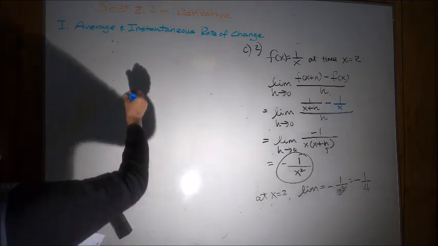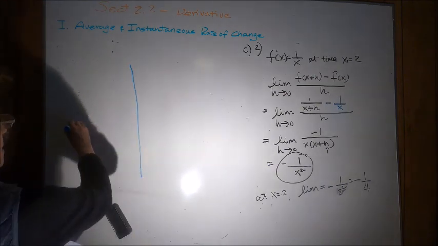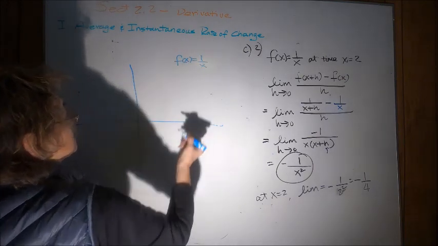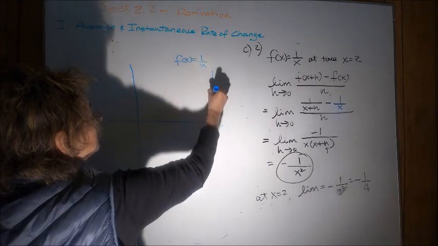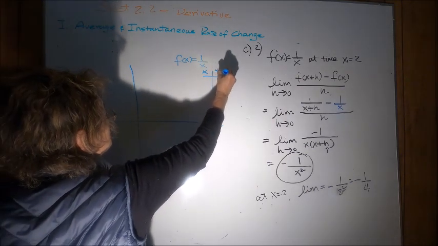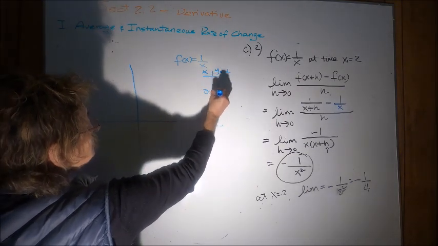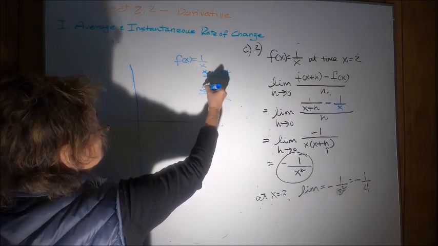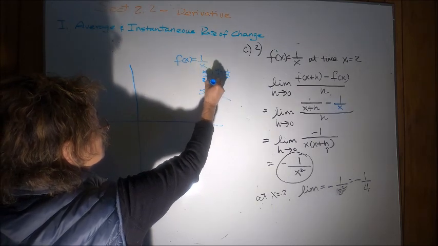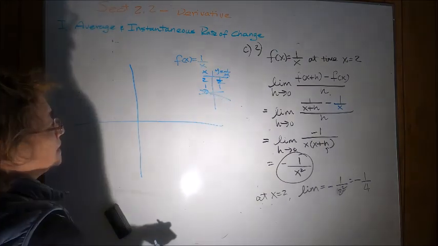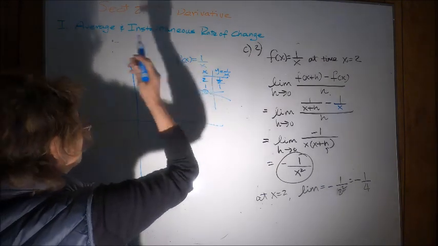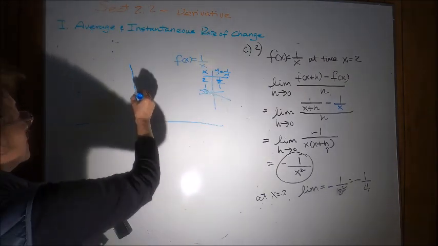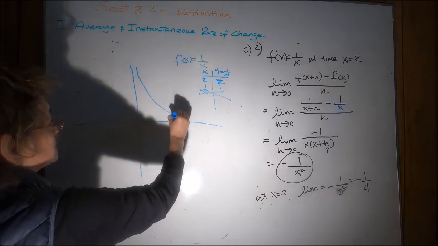Okay, so if we graph f of x equals 1/x, right? You do your t-table, x, y is 1/x. We cannot do 0, right? When x is 1, that would be what? 1/1 is 1, 2 would be 1/2. And when it's very big, it goes to 0, okay? So the graph looks like this.